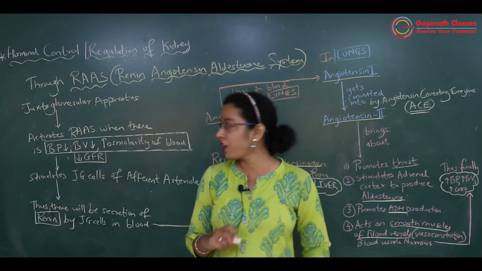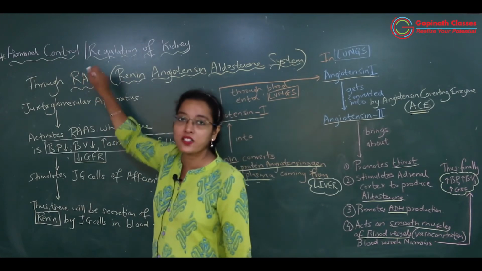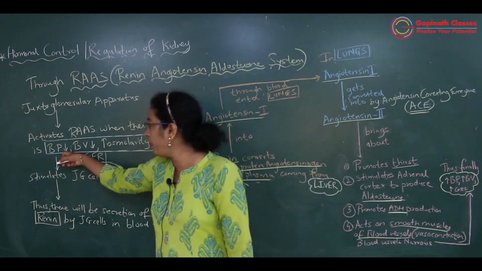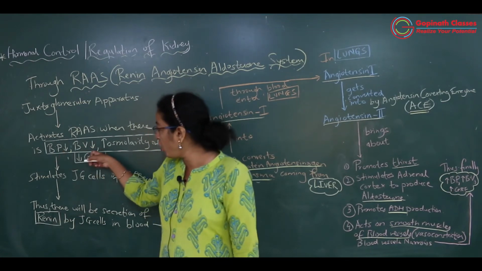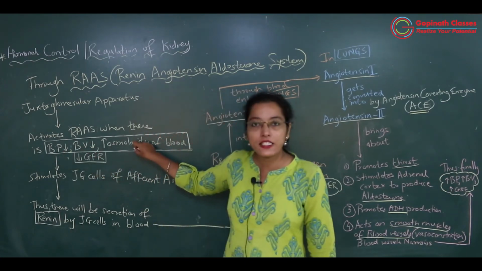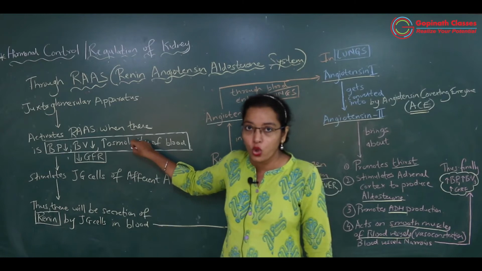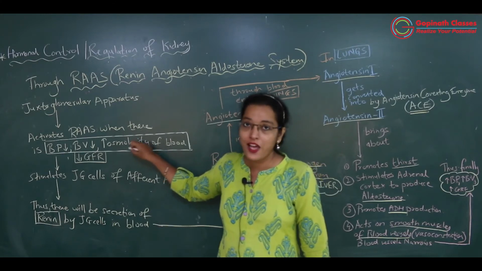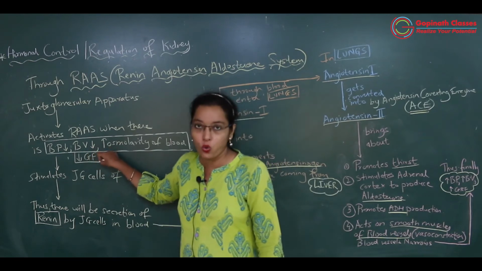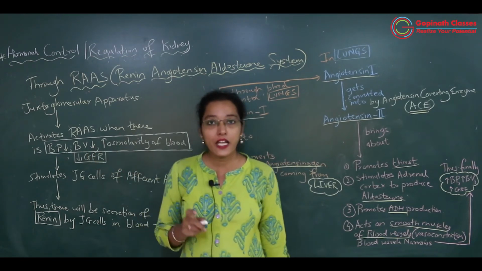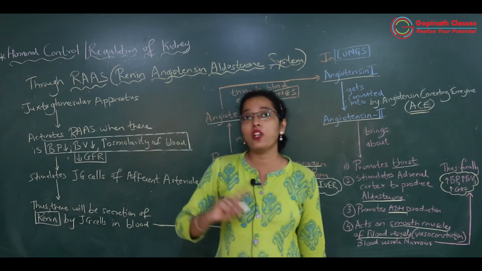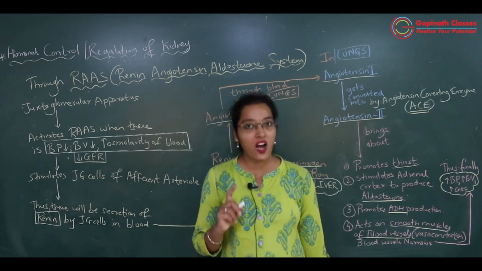Now the condition we have taken is: the RAAS system gets activated in the body when there is low BP. Low BP, low blood volume, increase in osmolarity. If blood volume is low, then osmolarity of the blood will increase and GFR is low. So during this condition, there will be activation of RAAS.